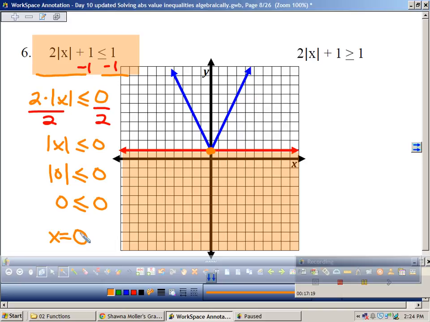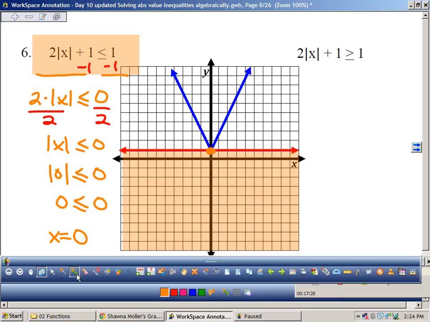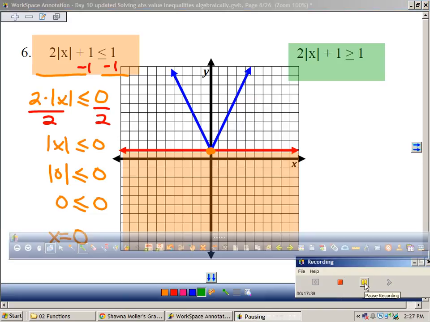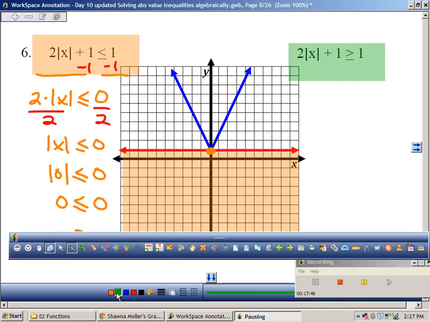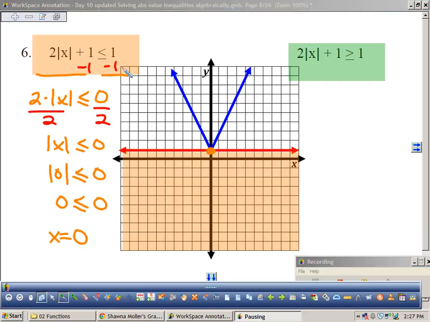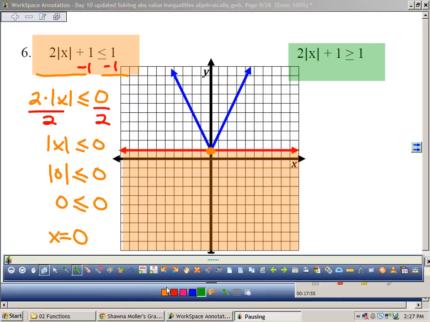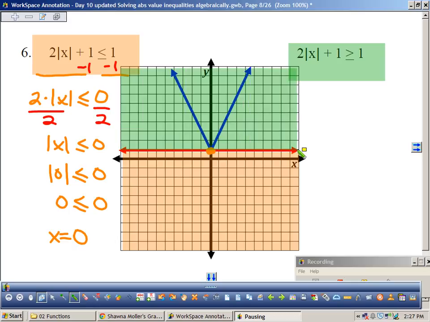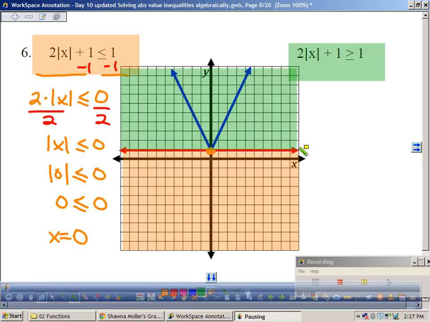All right, you guys try that one on that side, please. Okay, so let me see your answers first before I record. So let's look at this one graphically this time. If I'm talking anything greater than 1, anything greater than or equal to, what would that include?